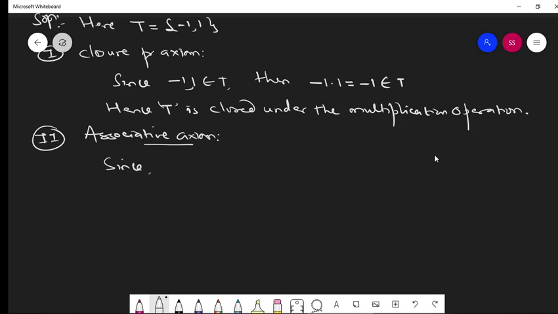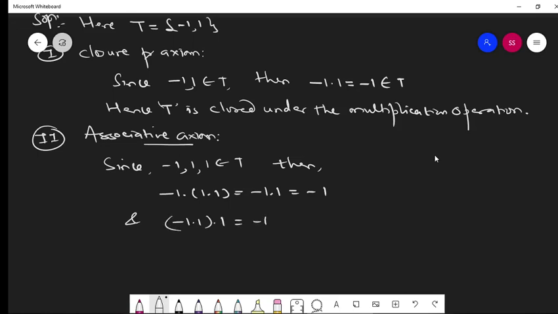We can take -1, 1 and 1, which belong to T. Then let's operate: (-1 dot 1) dot 1 equals -1 dot 1 equals -1, and -1 dot (1 dot 1) equals -1 dot 1 equals -1. Therefore (-1 dot 1) dot 1 equals -1 dot (1 dot 1).